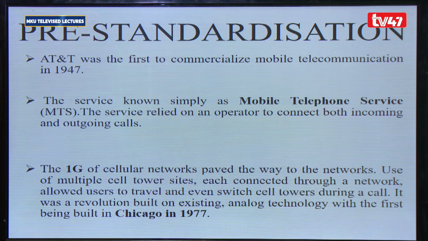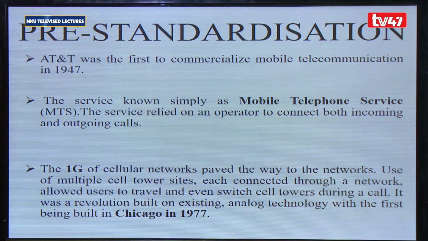That is equivalent to Safaricom. So in 1947, an American company was in a position to introduce a commercial telecommunication service. Remember, when you talk about commercial, that means ordinary citizens would be in a position to access the mobile services. Previously, the military used walkie-talkies, but we won't be discussing that.